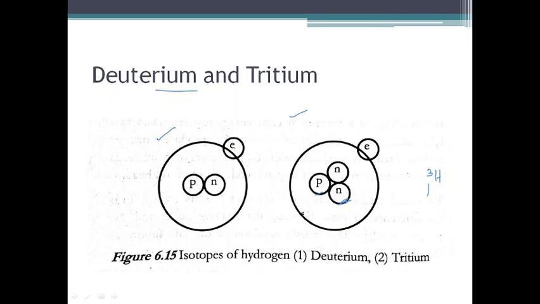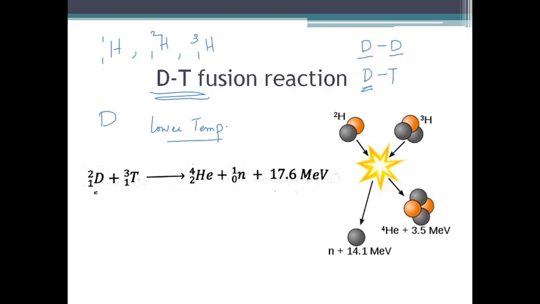They will fuse together according to the equation deuterium plus tritium, finally giving a helium nucleus and releasing a neutron. And in this single process, 17.6 mega electron volt of energy will be released as the final release. This energy can be harnessed and used in a fusion reactor.